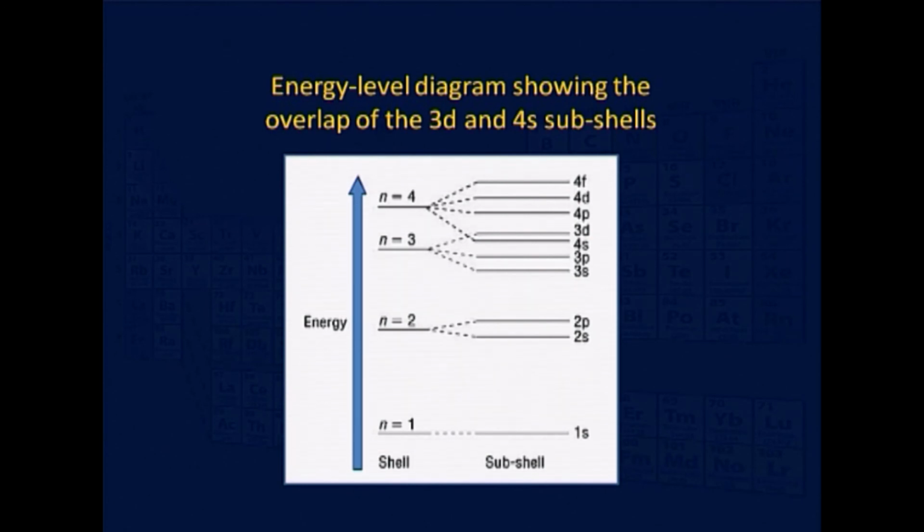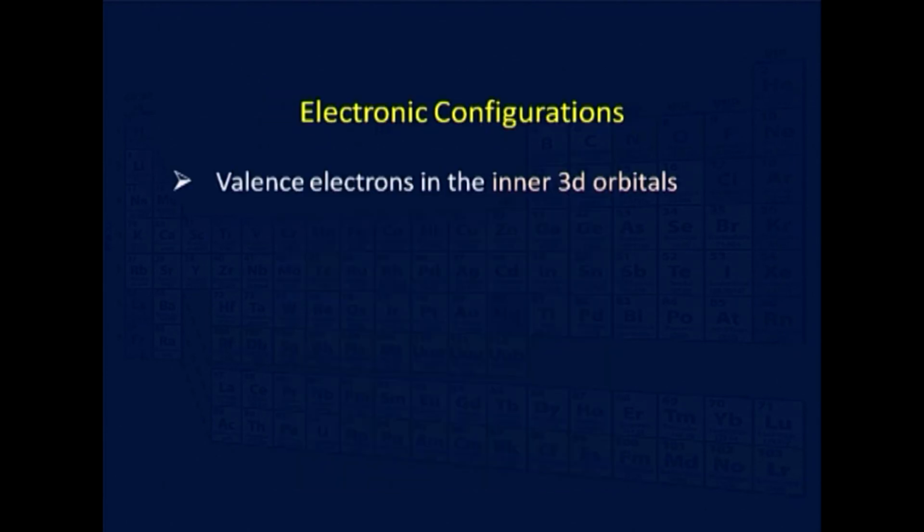So, this diagram explains how the energy of the 4s subshell lies lowest compared to the 3d, and therefore the valence shell 4s is occupied with electrons first, and then electrons enter the penultimate 3d shell. Similarly, while removing electrons, the electron will be removed first from the 4s subshell and then from the 3d subshell.